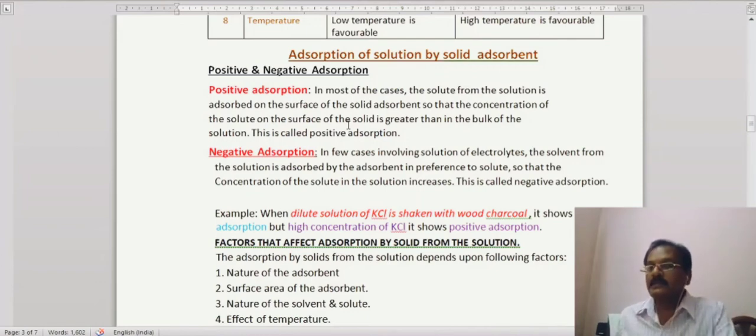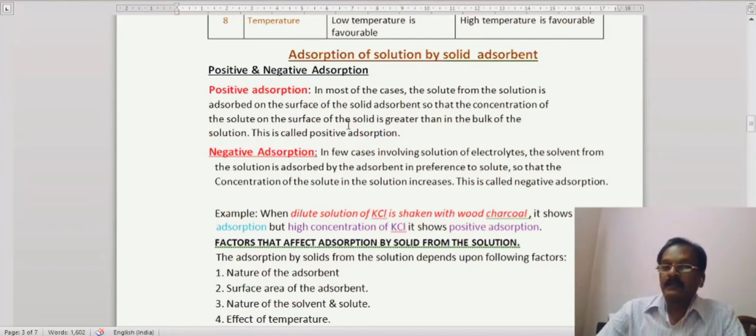In most of the cases, the solute from the solution is adsorbed on the surface of a solid adsorbent so that the concentration of the solute on the surface of the solid is greater than in the bulk of the solution. This is called positive adsorption.